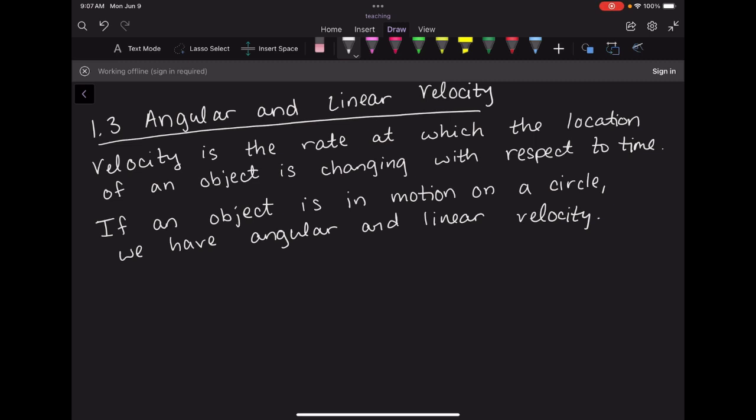So not only is that rock moving position on the circular tire, let's say the rock is at the top of the tire and then you move a little bit and now it's at the bottom, and then you move a little bit and now it's at the back. So not only is the rock moving in a circular motion, that's angular velocity, but then also the car itself is moving, so the rock is also moving forward. And that forward movement is what we call linear velocity.